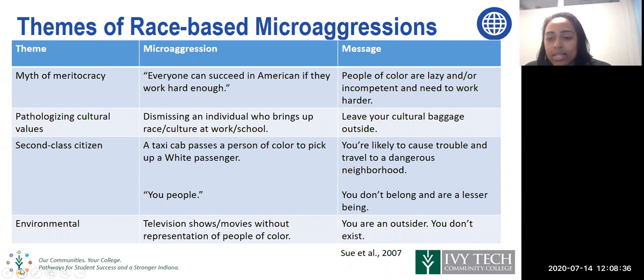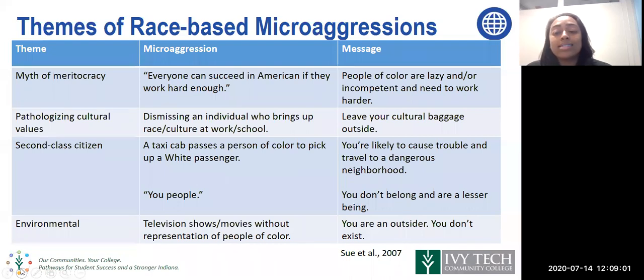I see a comment in the chat: how can the display of a burning cross or swastika be micro, or express racial slurs, etc.? What then is a gross indignity? So burning of a cross is not really a microaggression. That's definitely what we consider a hate crime.